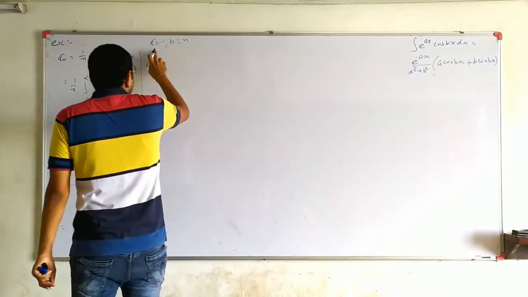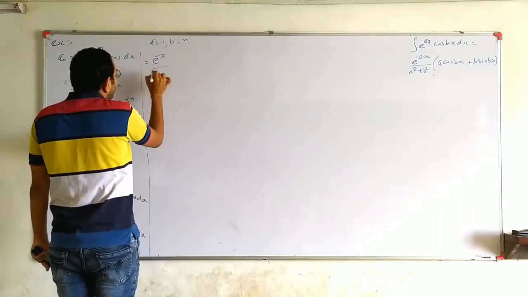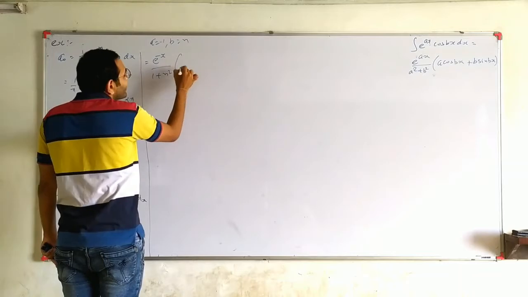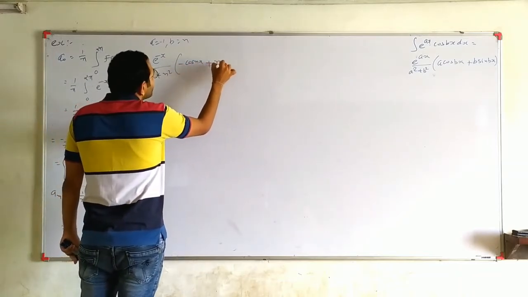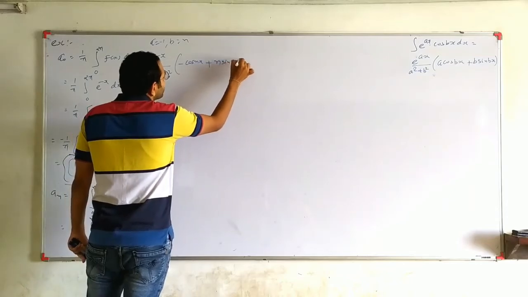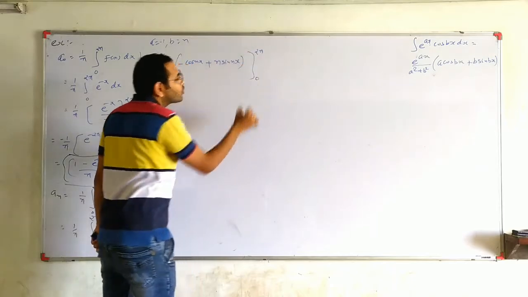Then substitute the values of a and b in this equation. Then we get e raised to minus x upon a square plus b square, times a cos bx plus b sin bx, with limits 0 to 2 pi.